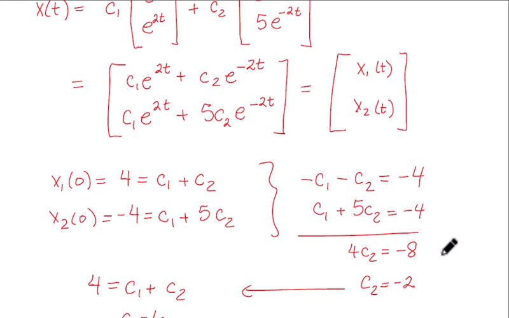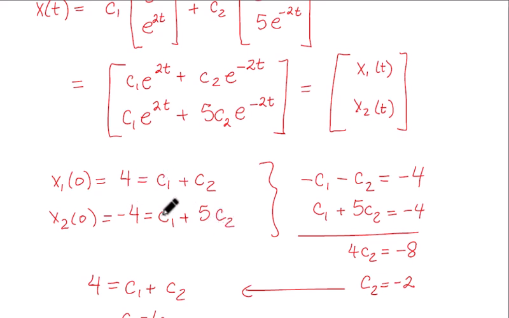So if I plug in what's going on at 0 for both of them, so let's see. If I plug in 0 here into x1, I get C1 plus C2, that must be 4. And for x2, if I plug in 0, I get minus 4 C1 plus 5 C2.